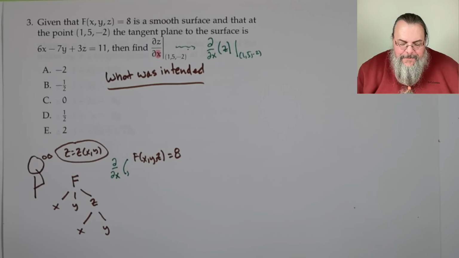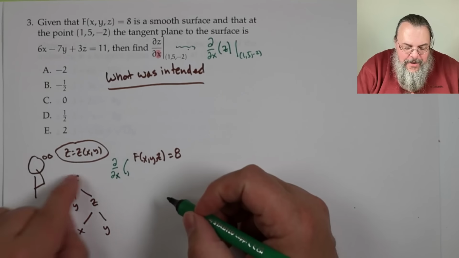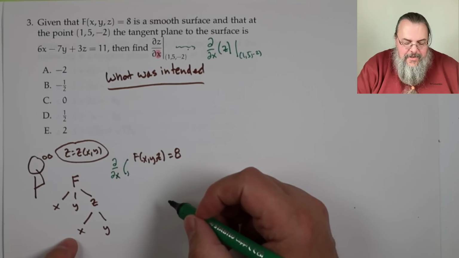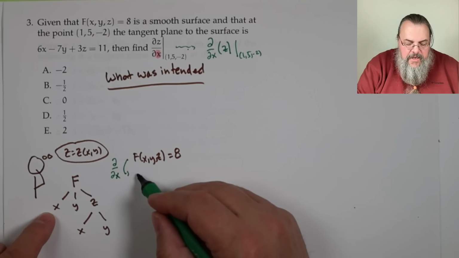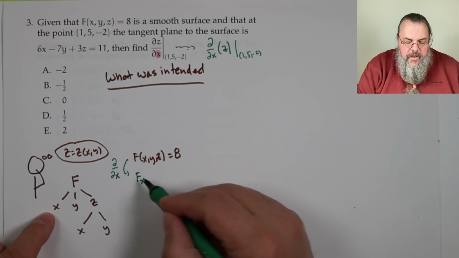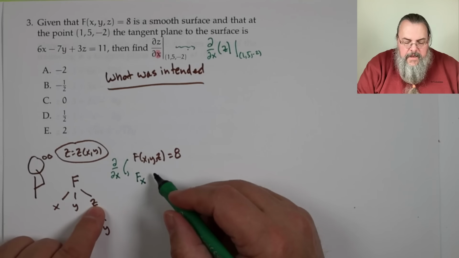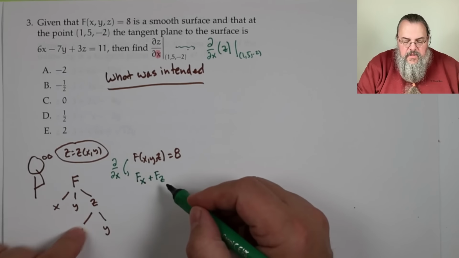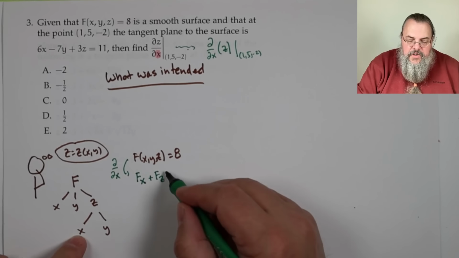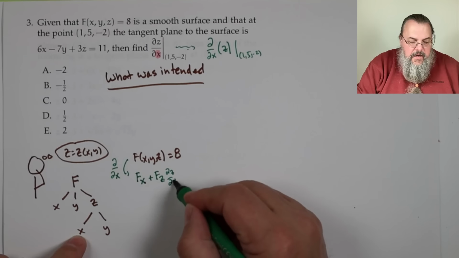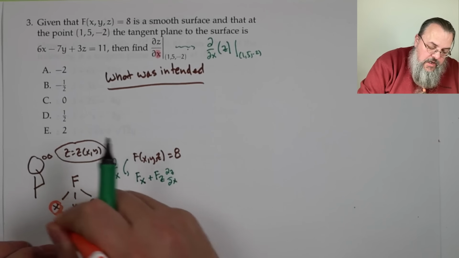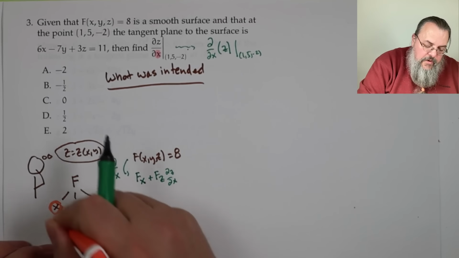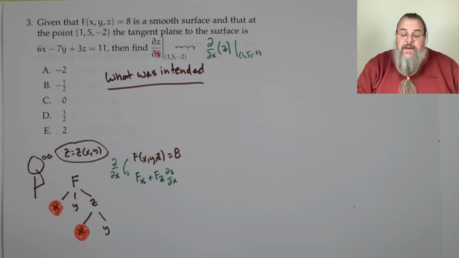Let's be careful here. All right, so taking derivatives, we have derivative of f with respect to x, so that's f sub x. And then we have derivative of f with respect to z, so that's f sub z times partial z partial x, right? Because x shows up in 2 places, so we just have to go down our 2 paths.